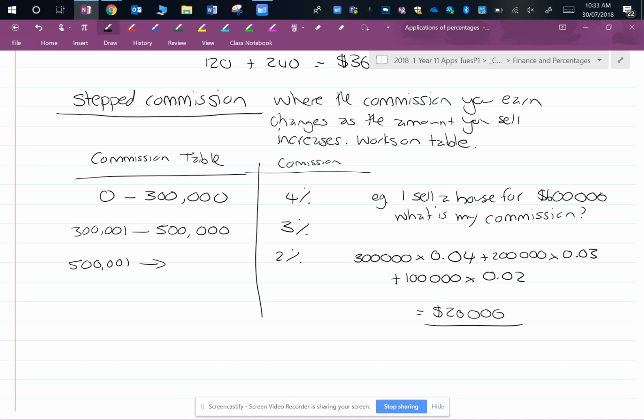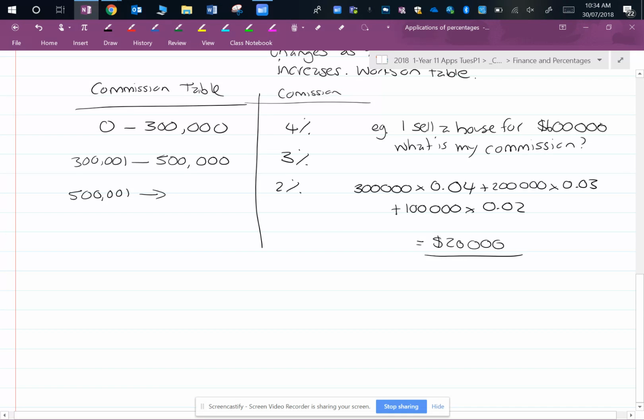We'll just use one example then, just because it's a bit trickier. Well, it's not really. All right, so what if I sold a house with a selling price of $349,000.